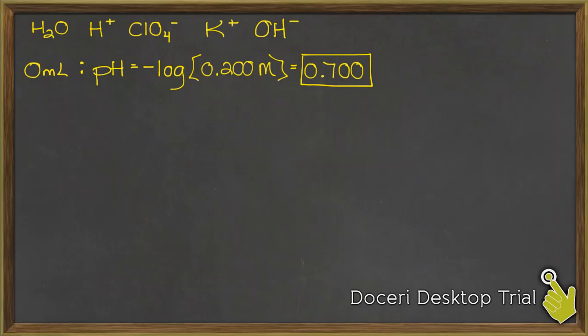I want you to look at the list of major species, and this is practicing a skill we've done before. I want you to pick out the best choice for the acid, the strongest acid in the list, and the strongest base in the list.